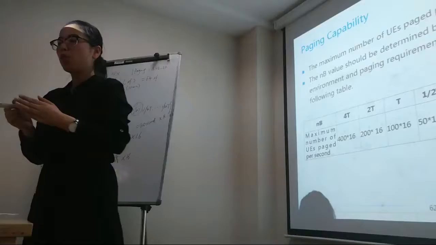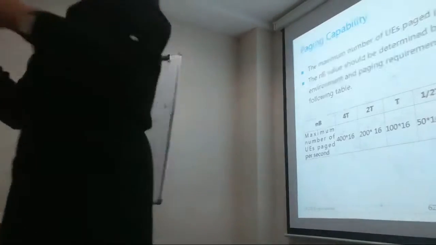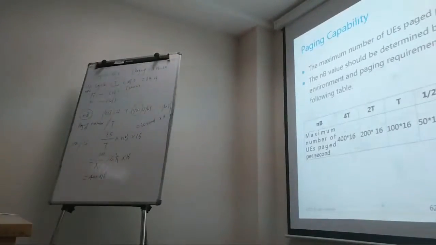Usually it is based on the traffic module, and we will configure different TAs. For the paging, it's based on the TA, right? From the MME side, it's based on the TA.